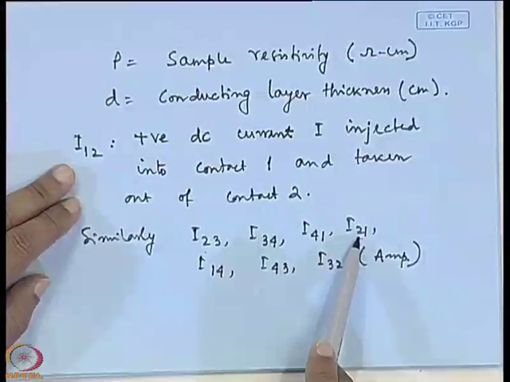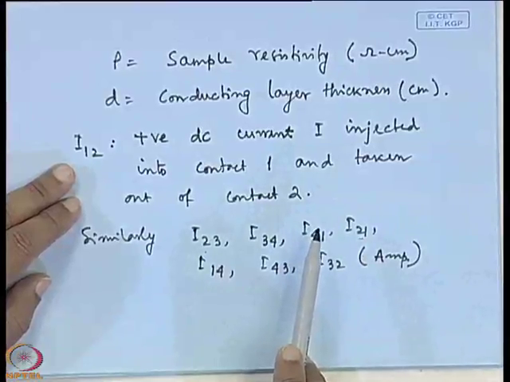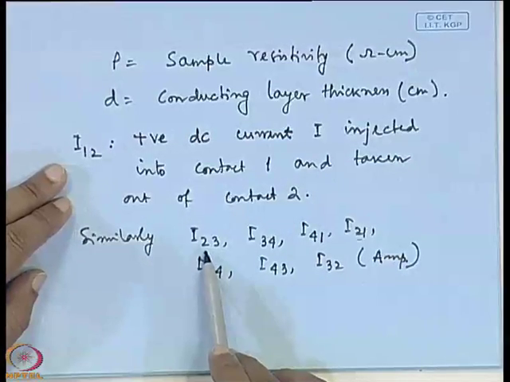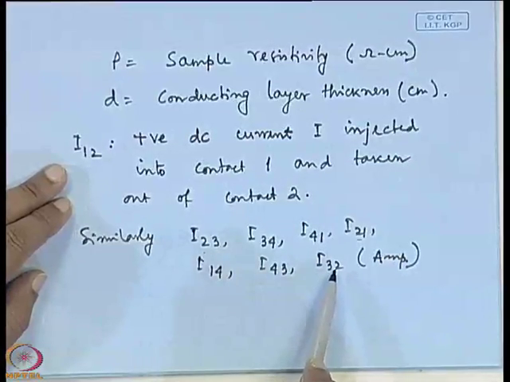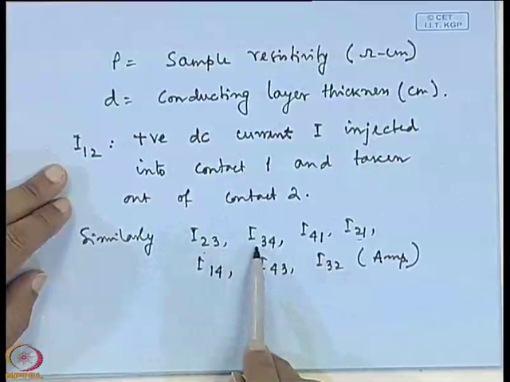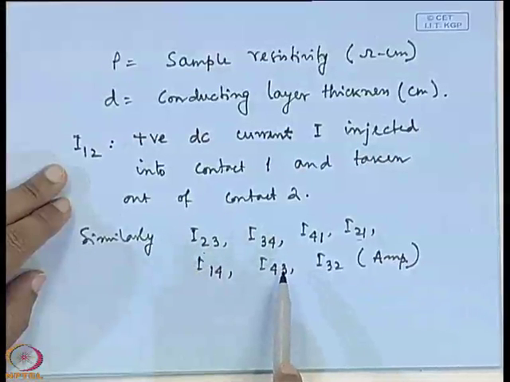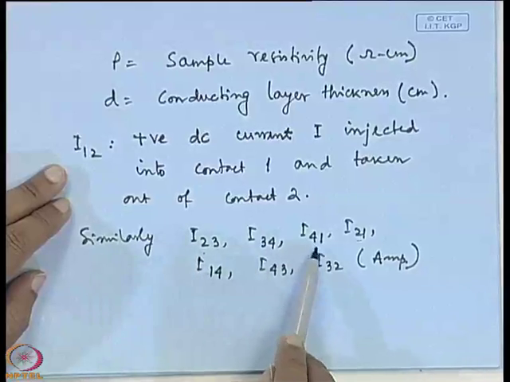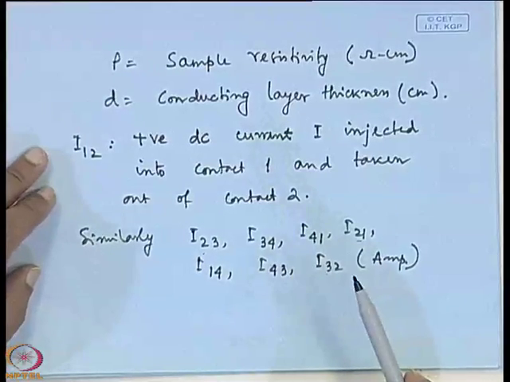If 1 2 is the positive, then 2 1 is the negative. If 2 3 is the positive, then 3 2 is the negative. If 3 4 is the positive, then 4 3 is the negative. If 1 4 is the positive, then 4 1 is the negative, or vice versa.